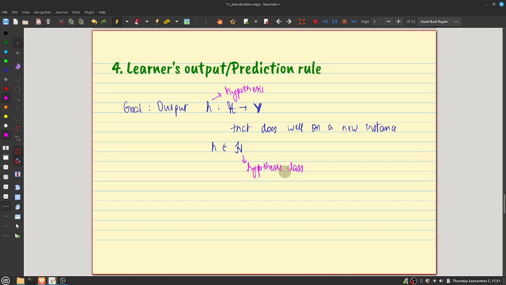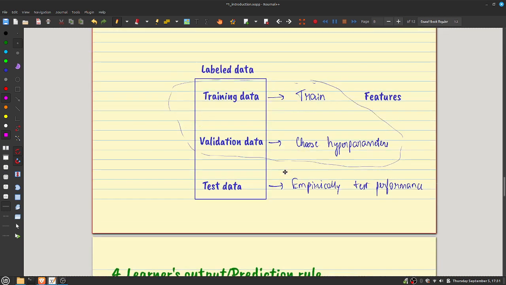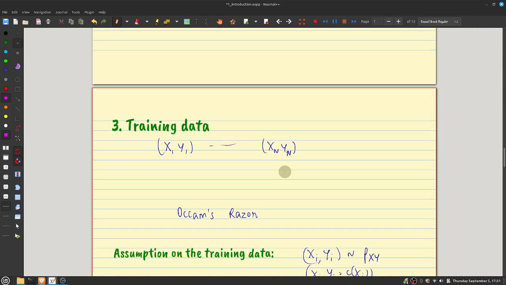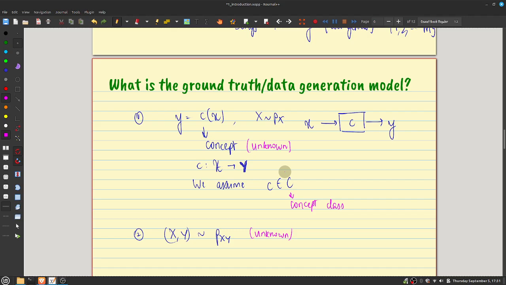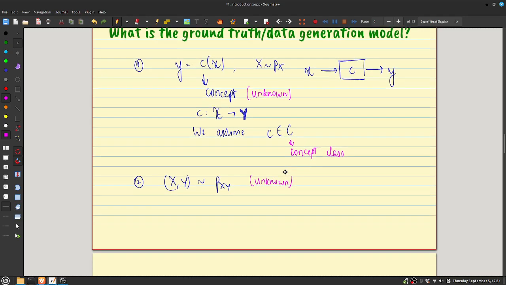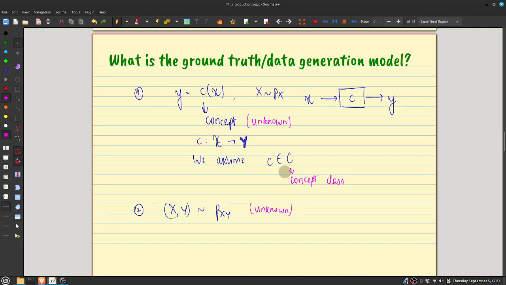And yeah, so up to this point, we've formally defined everything. We've defined what the domain set is going to be. The label set is the ground truth. It's again drawn according to some distribution P(X,Y), which is unknown, but it's fixed.